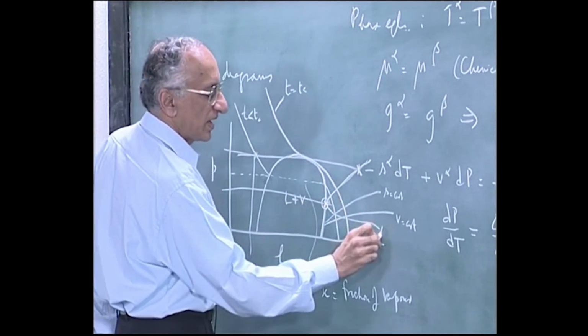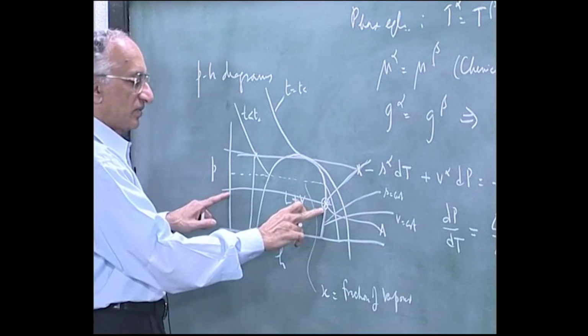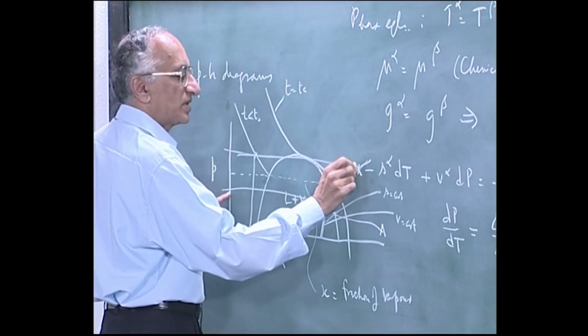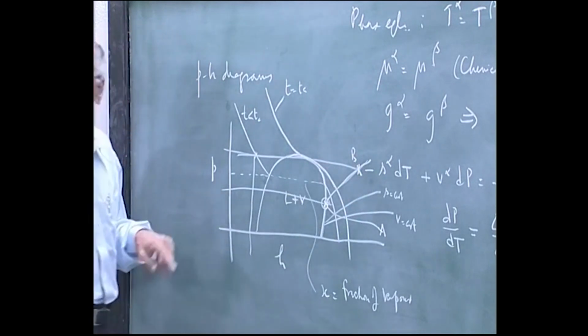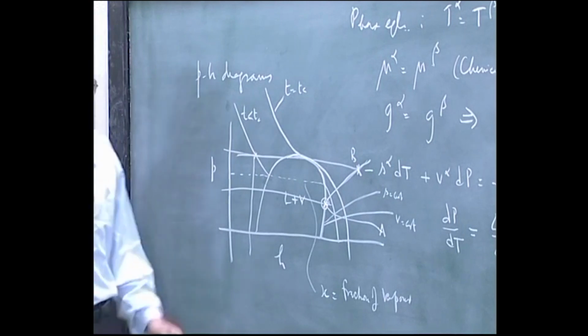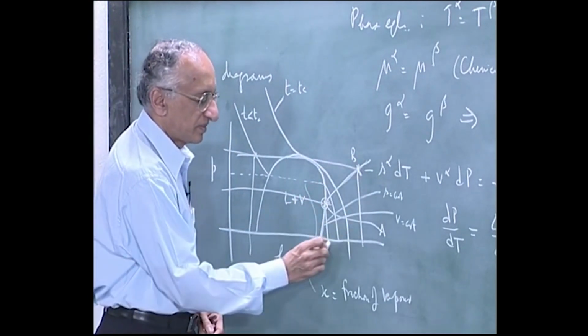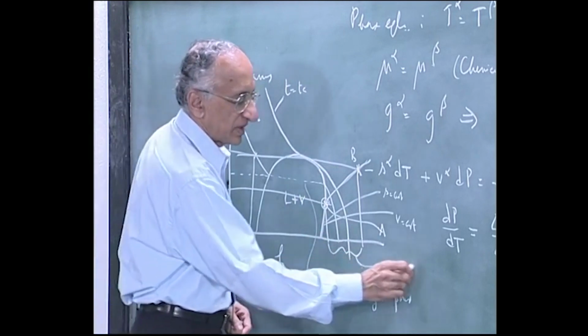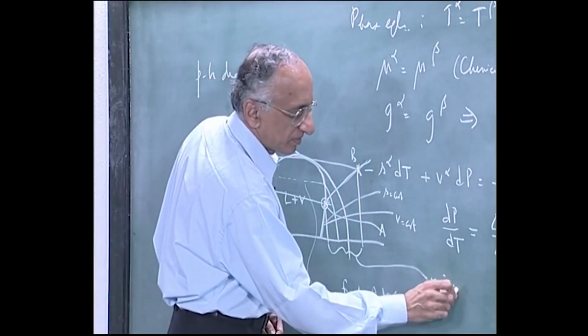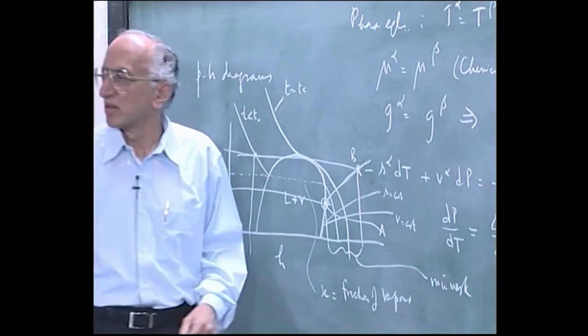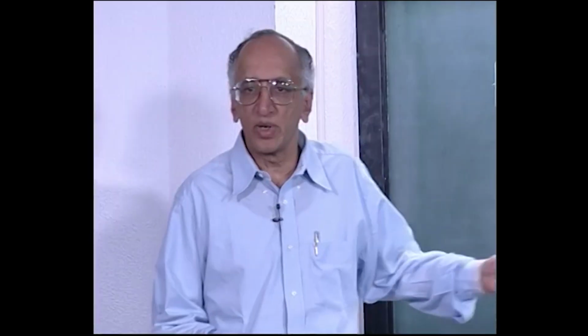So this point is A, I take vapor at this pressure and compress it from A to B. The amount of minimum work that I have to do is the enthalpy change along the isentropic line. So this will represent, for example, the minimum work per unit mass or per mole, depending on what the plot is.